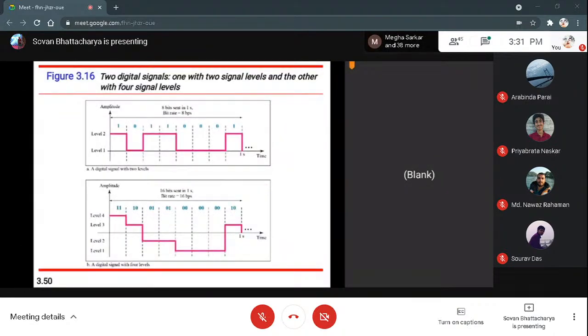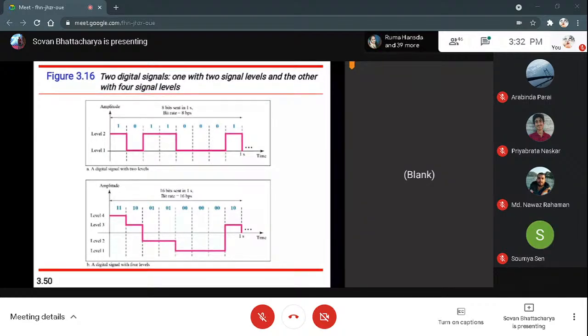Now you see, this is your digital signal with levels. Is it clear? So you see that 1 is plus 5 volts, that is level 1, on your timeline. Level 2 is plus 5 volts.